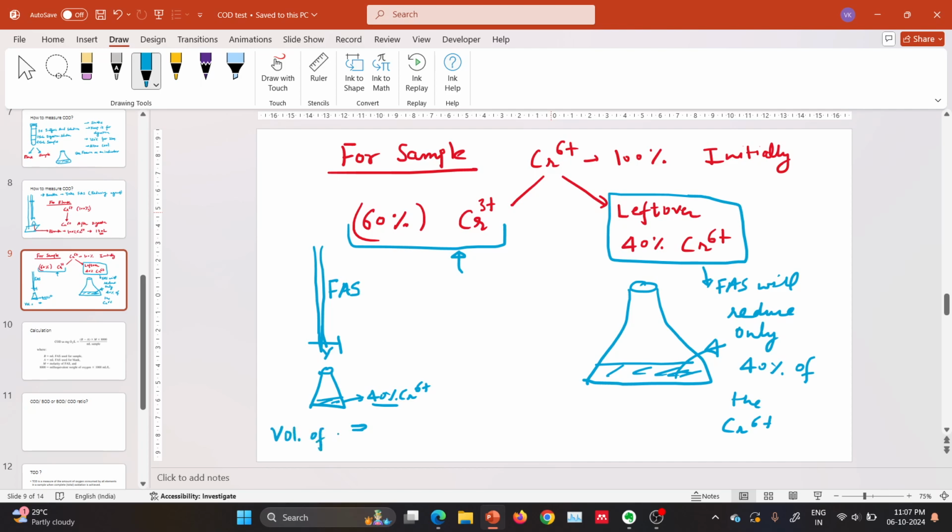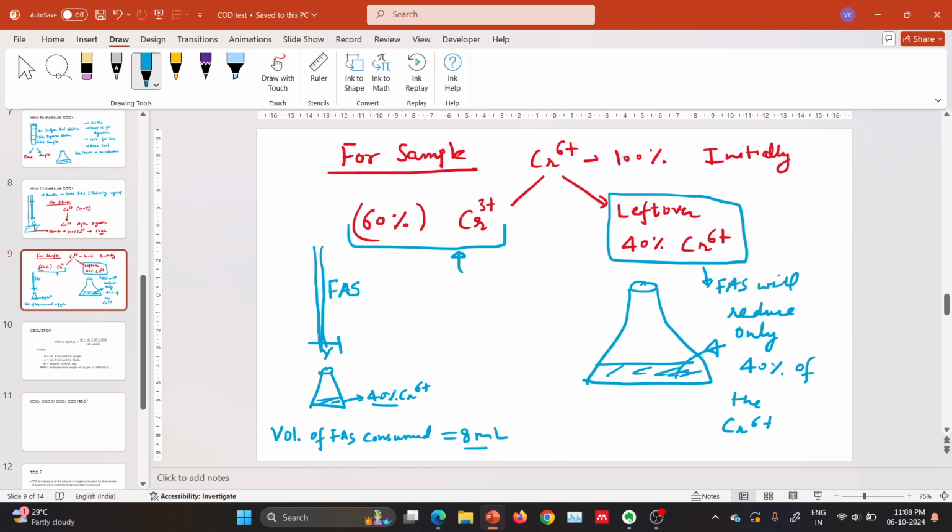Let's say the volume of FAS consumed is 8 ml. In the blank it was 13 ml we assumed, and in the sample the volume of FAS consumed is 8 ml.